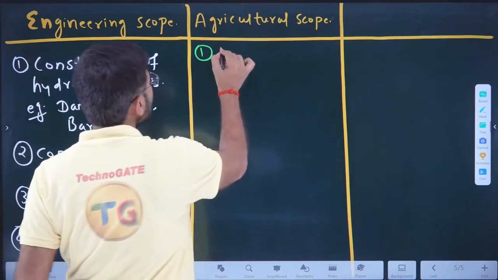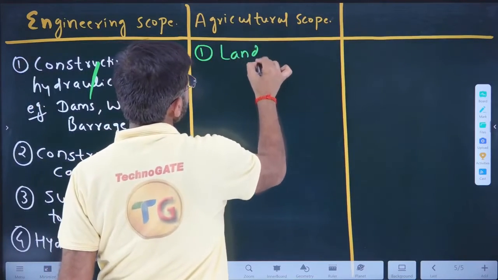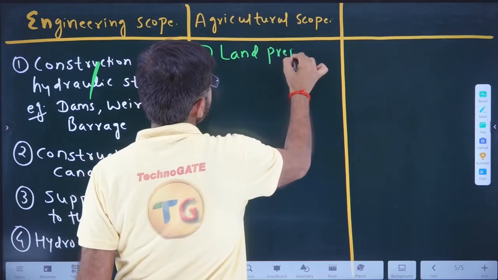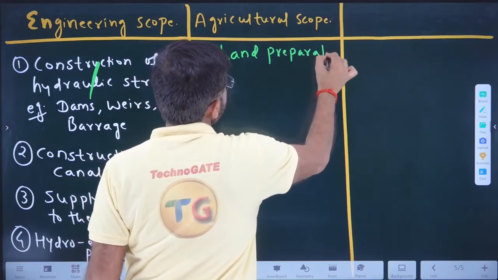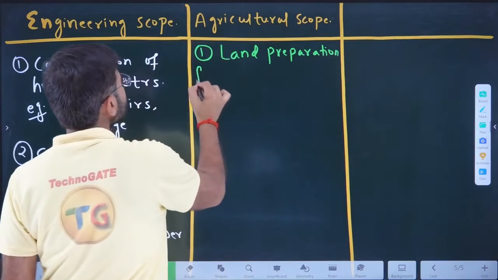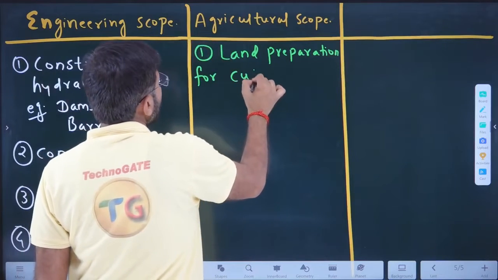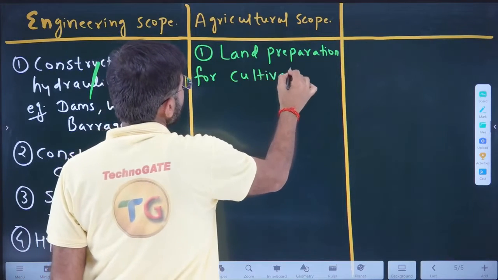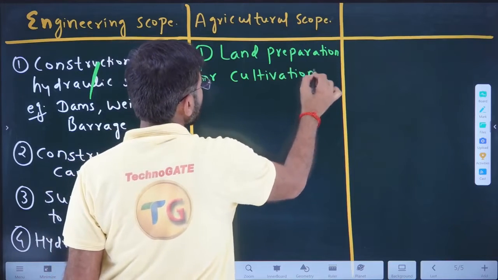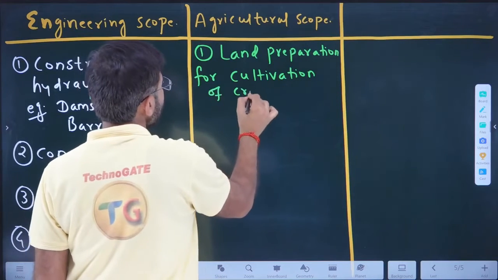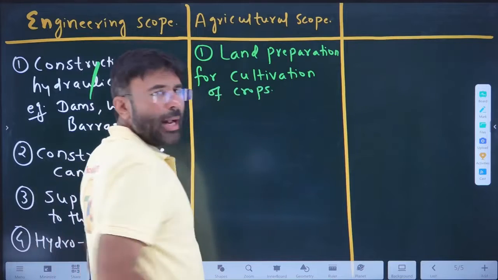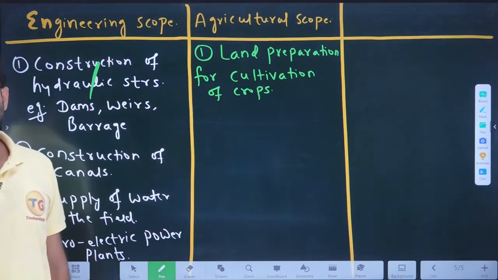So the first is land preparation. Land preparation for cultivation of crops. Cultivation means growing of crops.